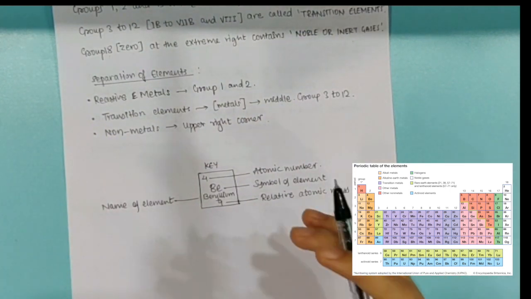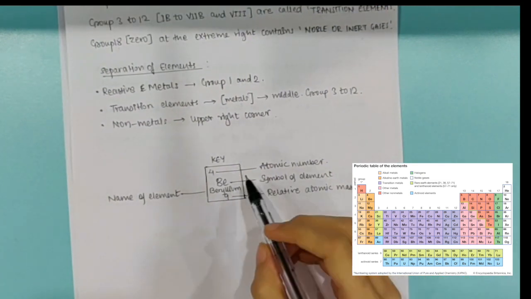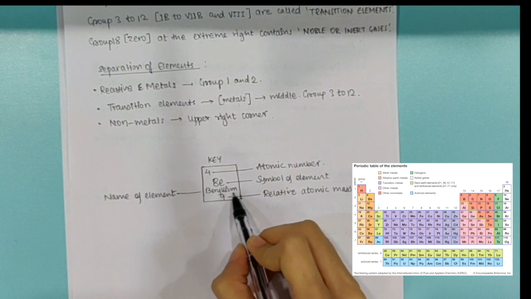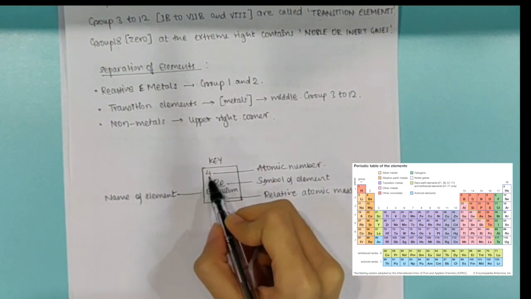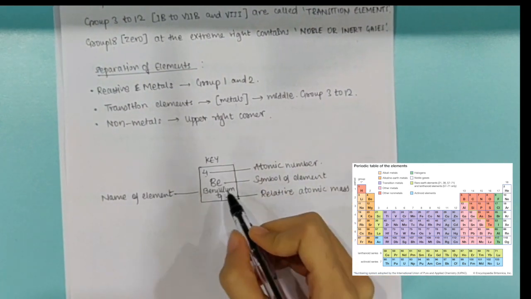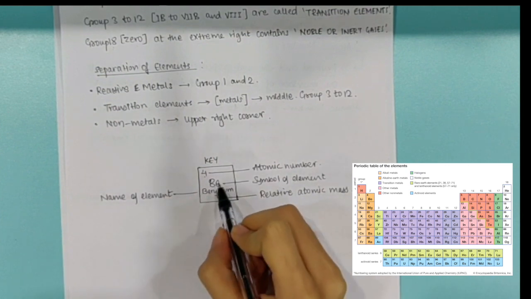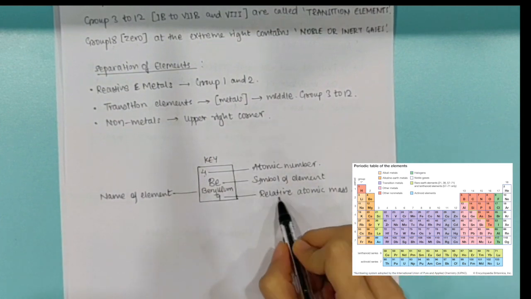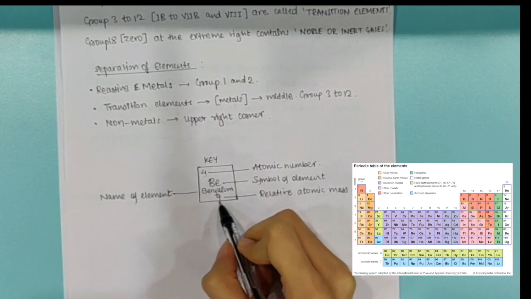Now coming to how an element is read in the periodic table. Here I have drawn the key of beryllium. So here at the leftmost corner we have the atomic number, which is 4. Then the symbol of the element is given in the middle. The name of the element is given below the symbol, and the relative atomic mass is given at the bottom.